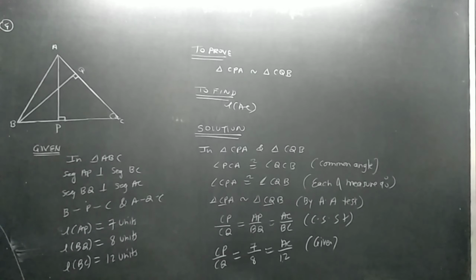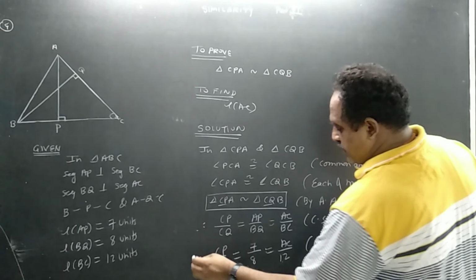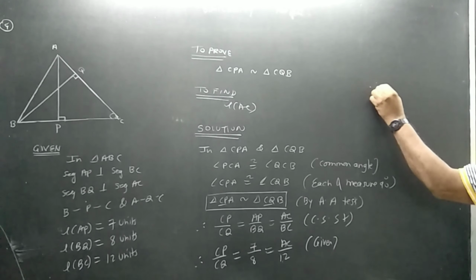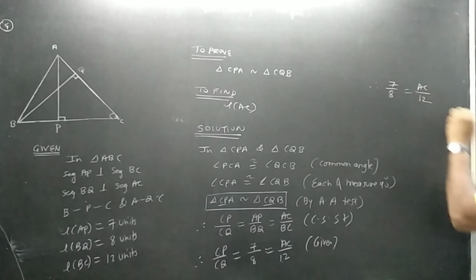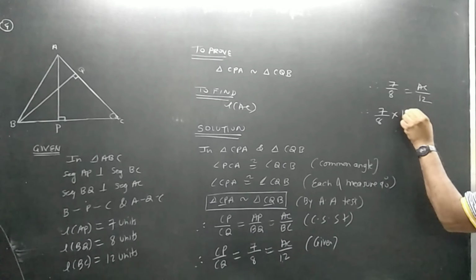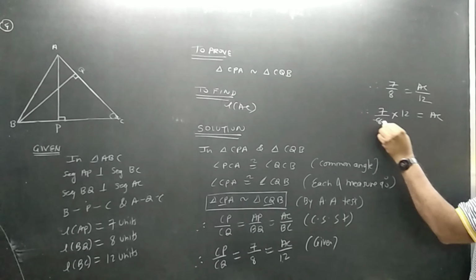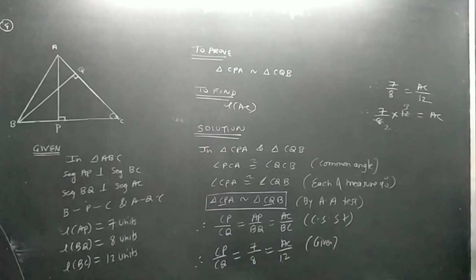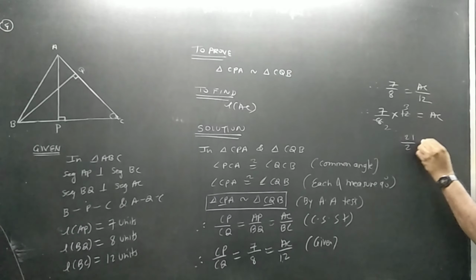So ultimately what you got now? This is the main answer. So therefore 7 upon 8 is equal to AC by 12. Therefore 7 upon 8 into 12 is equal to AC, and we know that 4 2s are 8, 4 3s are 12, then 7 3s are 21 upon 2 is AC.